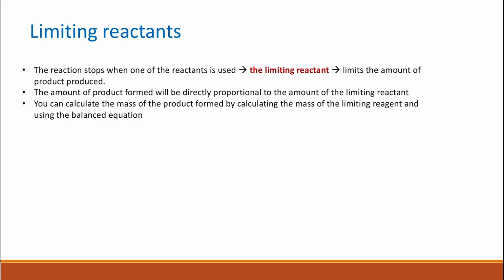So there's something called the limiting reactant. So what is a limiting reactant? In some reactions, one of the reactants is in excess, and the reaction will stop when the other substance, which is not in excess, is completely used up.